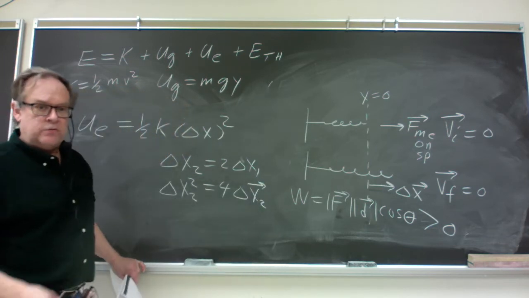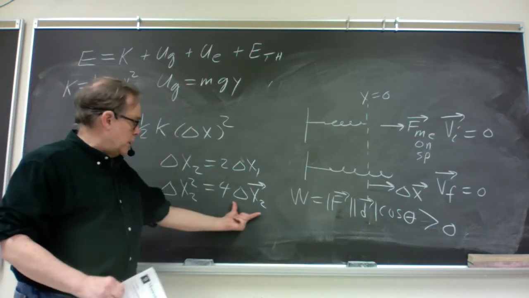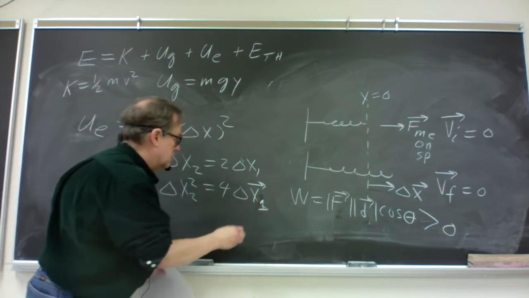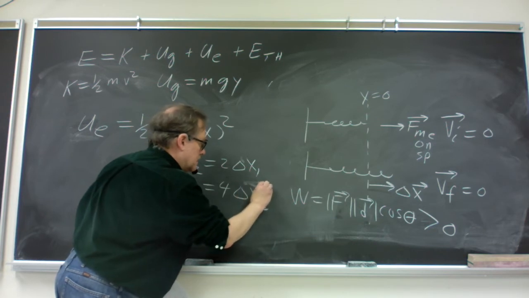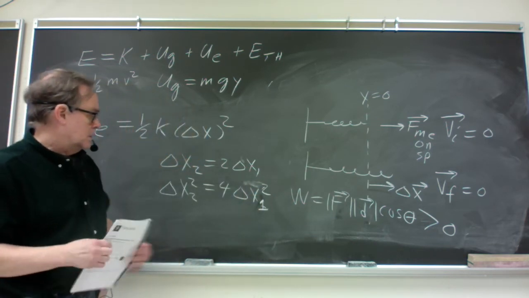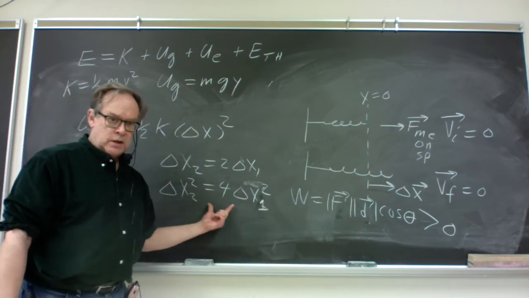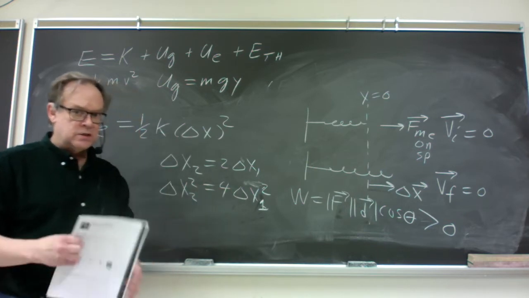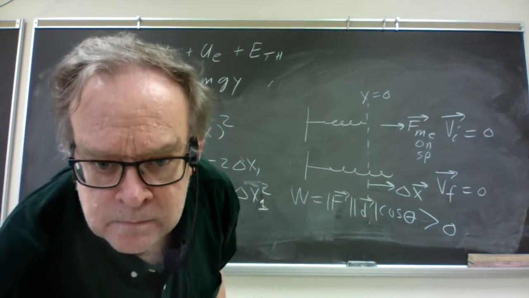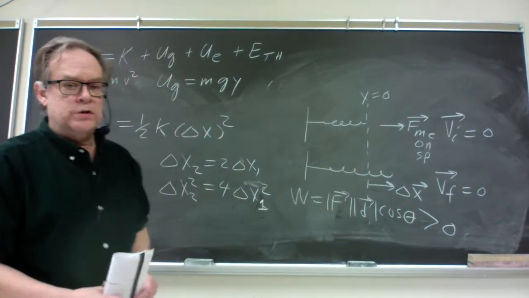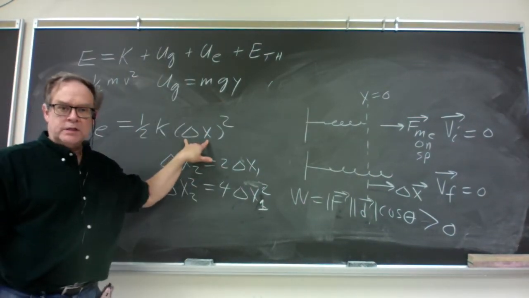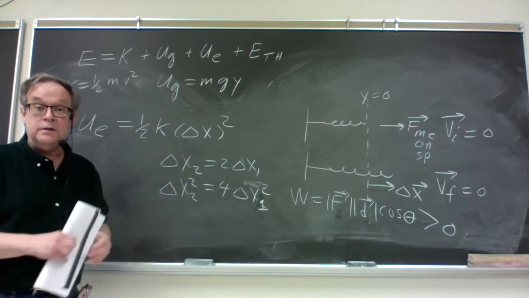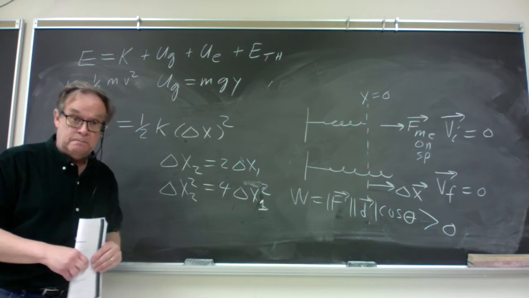So that variable that we call displacement squared is 4 times the original displacement squared. Displacement squared is 4 times larger if I pull twice as far. In other words, if I double the displacement, I don't double the energy, I quadruple the elastic potential energy.